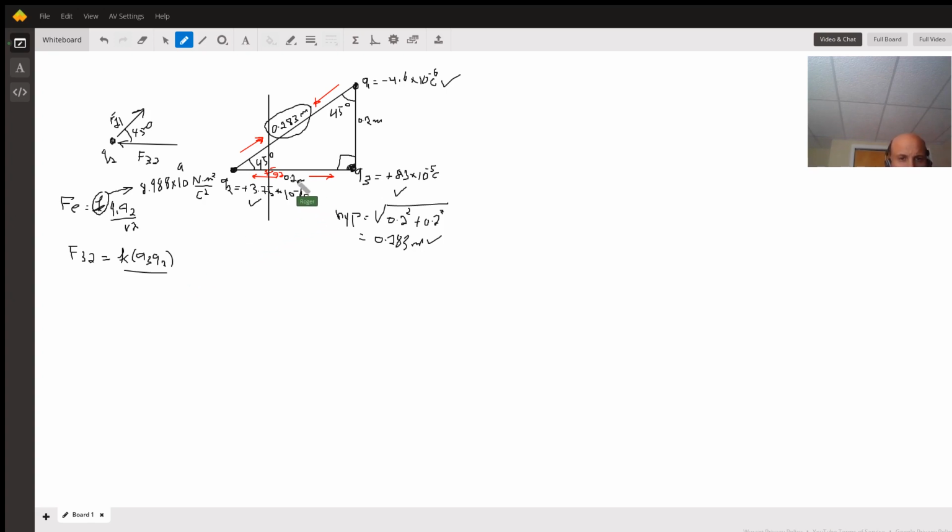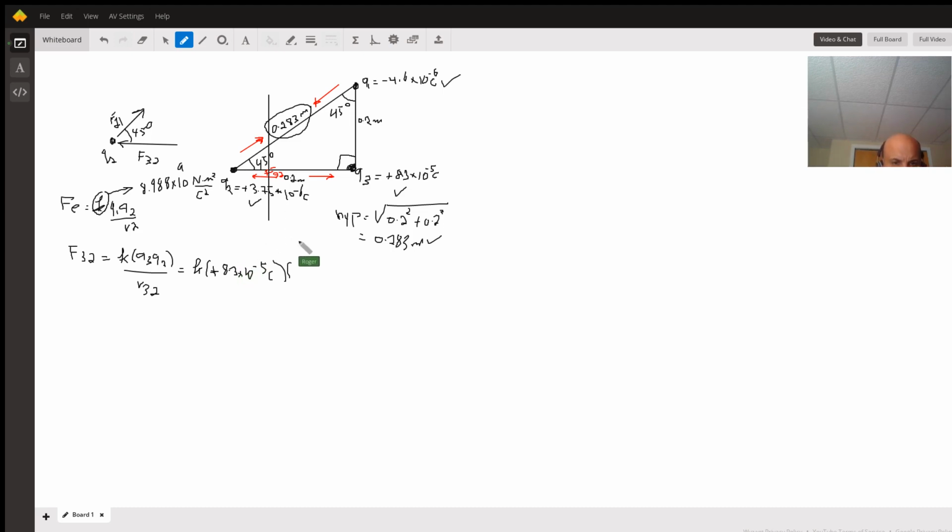Divided by R squared, which in this case is R32, equal to K times. What's Q3? Q3 is plus 8.3 times 10 to the minus 5 coulomb, times Q2.